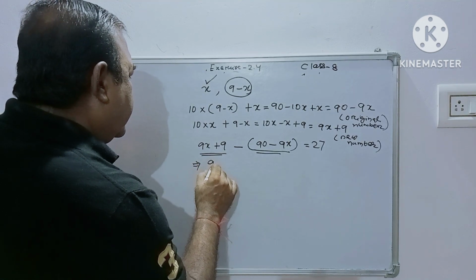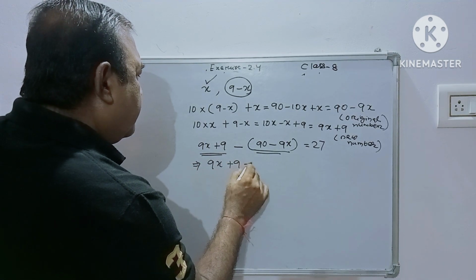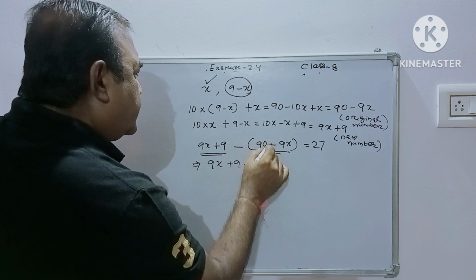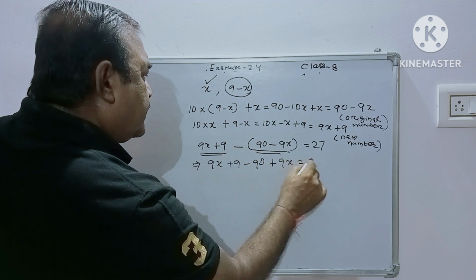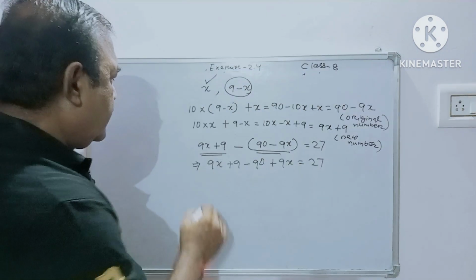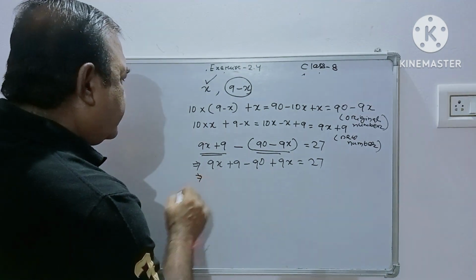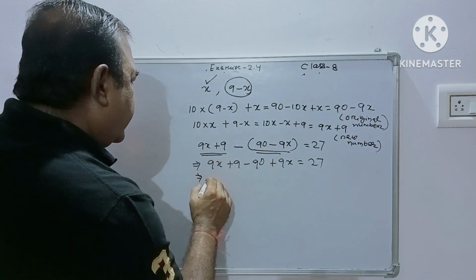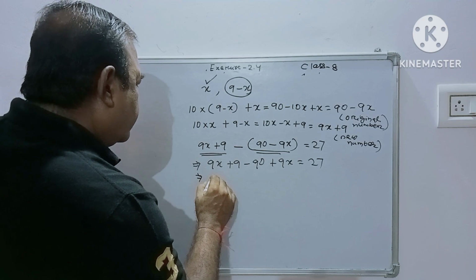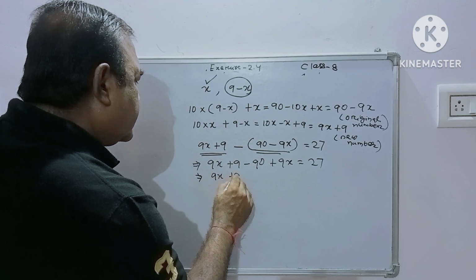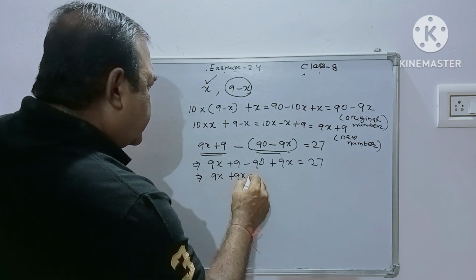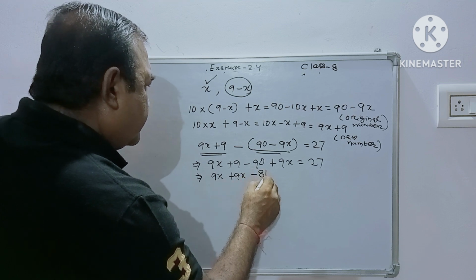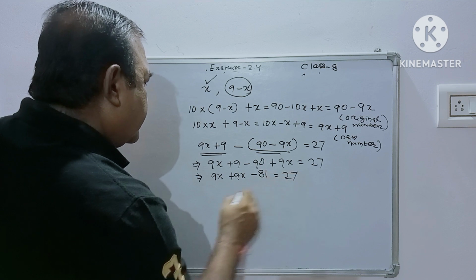That implies 9x plus 9 minus 90, minus into minus plus 9x, is equal to 27. That implies 9x plus 9x, and minus 81 is equal to 27.